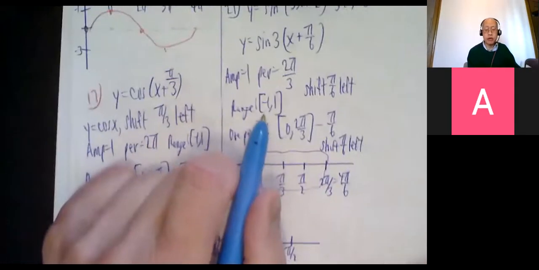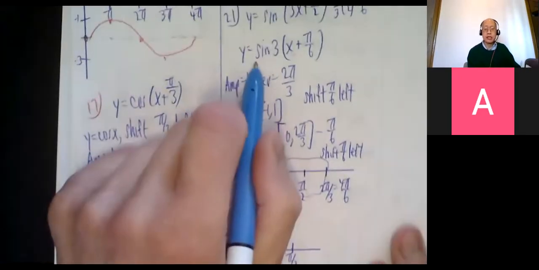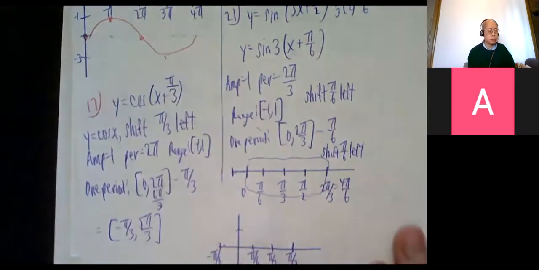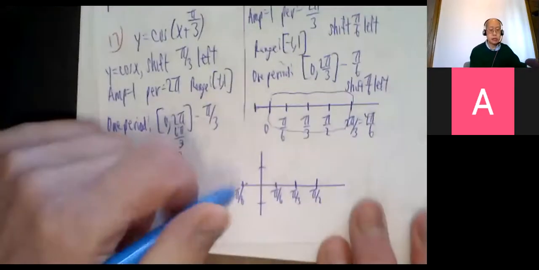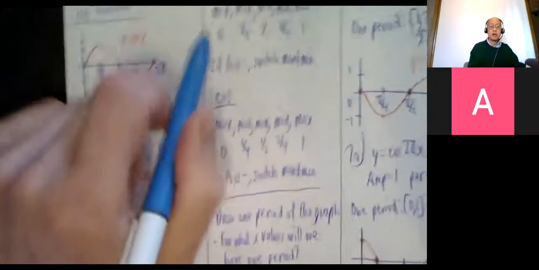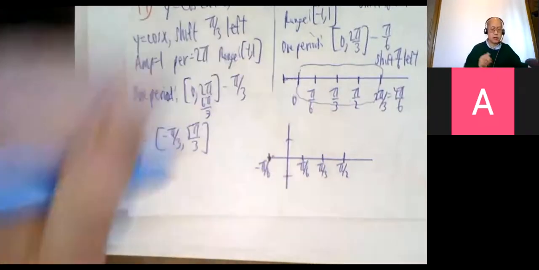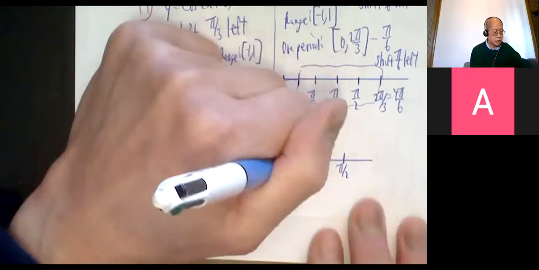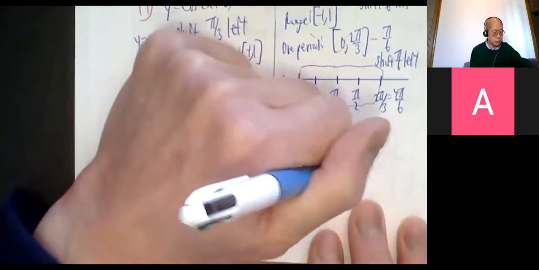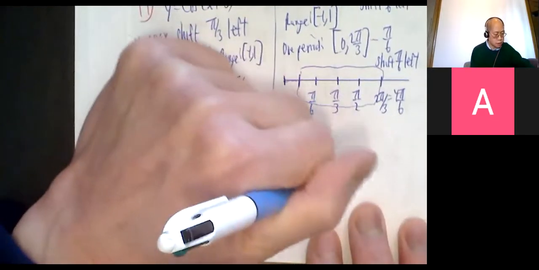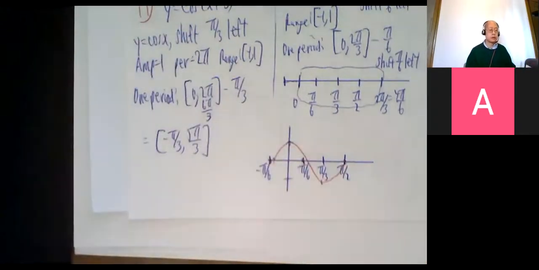The range is negative 1 to 1, minimum and maximum. It's a sine type of function, so sine starts at the midline. So that's the sine: midline, maximum, midline, minimum, midline. Midline, in this case, is 0. So that's the graph that I want in this case.